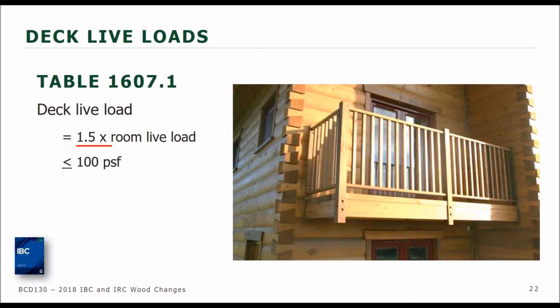So in other words, if this was a residential, the residential floor is designed for 40 pounds per square feet. And so the balcony could be designed for that same occupancy served. Now, under the 2018, we have a criteria of 1.5 times the room live load and not less than 100 pounds per square foot. So this applies to decks and balconies.